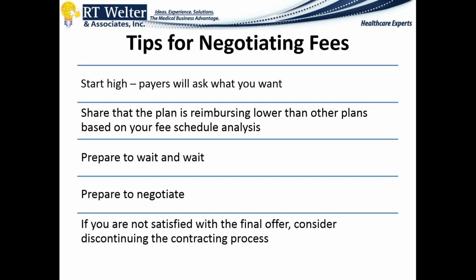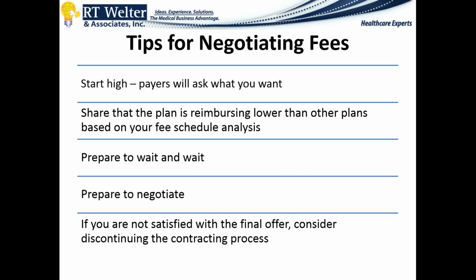So start high with the intention of negotiating and really think about what your bottom line is as far as what you're willing to take. Again, based on the informed decisions of your costs and the costs associated with doing business. So you're having all of that knowledge in your arsenal so that you can go to the health plans and say, hey, we deserve a high rate because we have X amount of volume and all of the other things that you've identified in your cost analysis project.